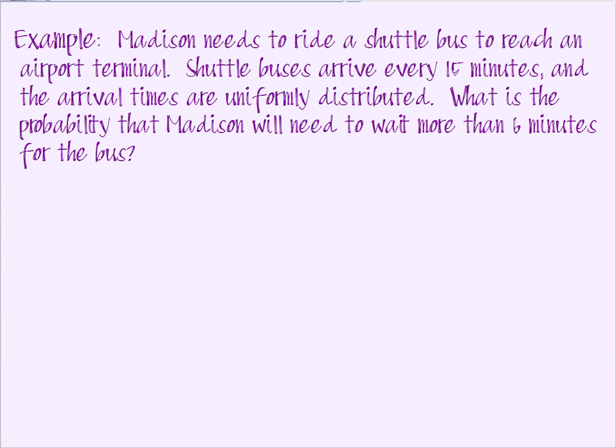So let's say Madison needs to ride a shuttle bus to reach an airport terminal. The shuttle buses arrive every 15 minutes and the arrival times are uniformly distributed, which means that I need to use a uniform distribution or a box.